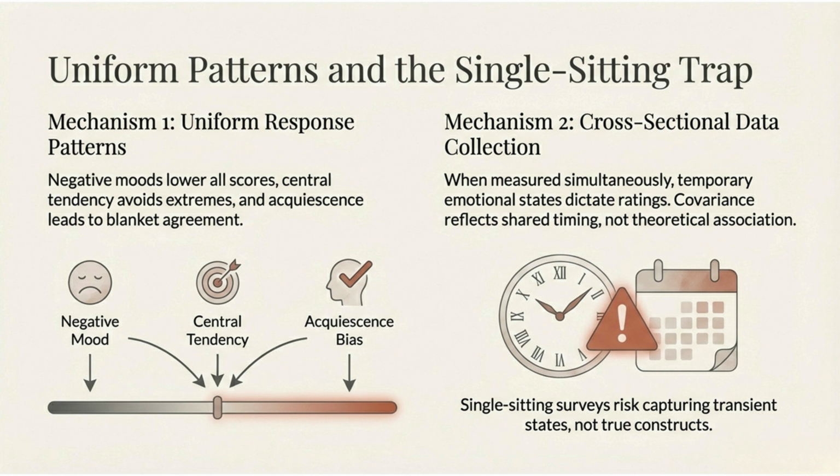Some individuals systematically avoid extreme responses, showing central tendency bias, and others most of the time agree with most of the statements. These tendencies are not necessarily careless responses; rather, they reflect subconscious cognitive shortcuts.